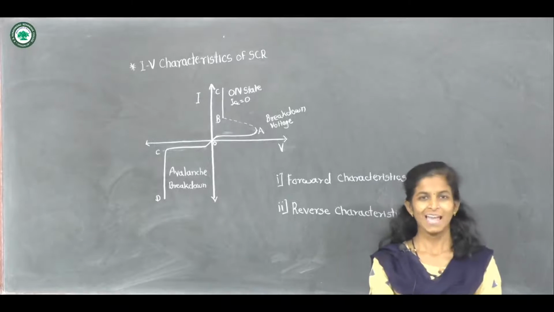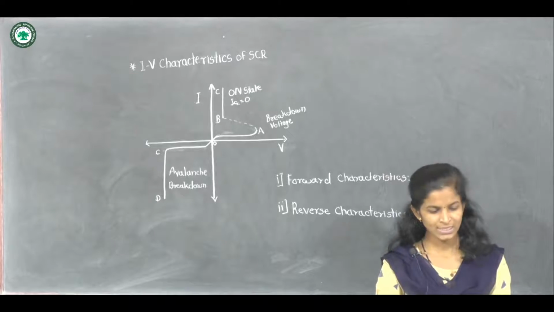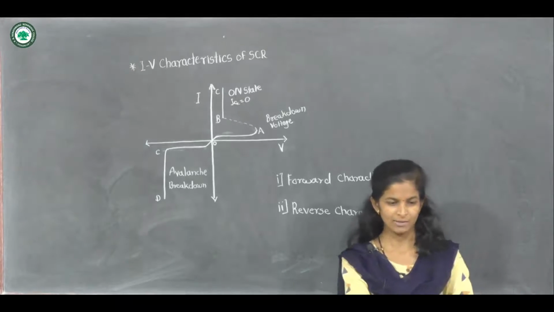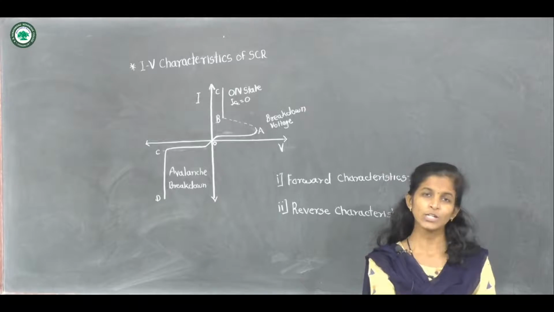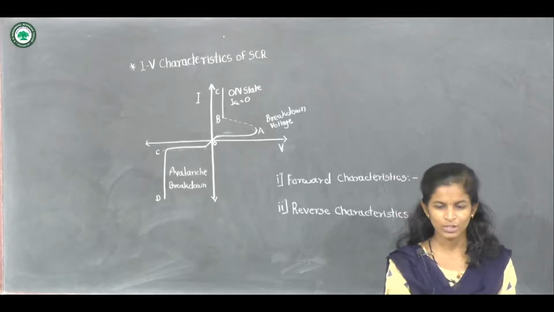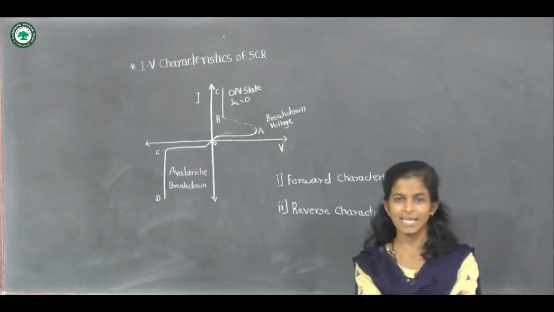When the anode is negative with respect to the cathode of the SCR, the curve between current and voltage is known as reverse characteristic.